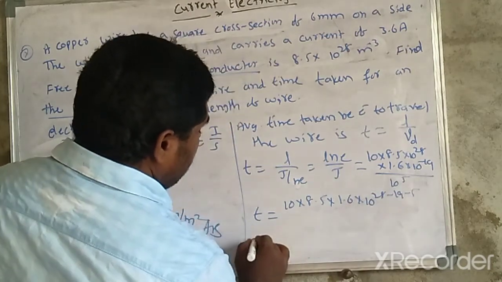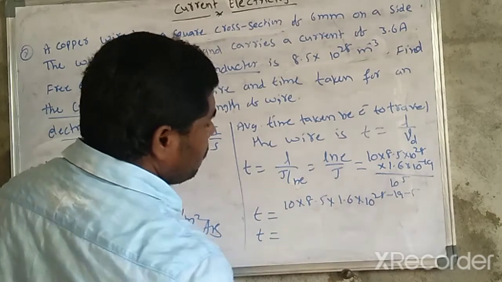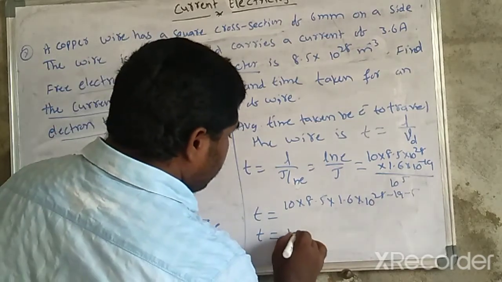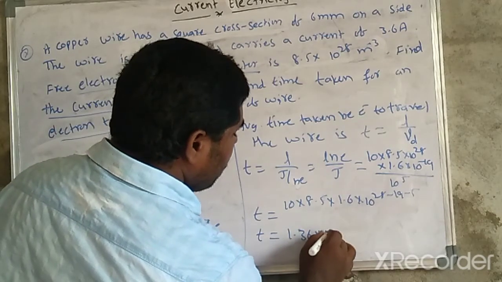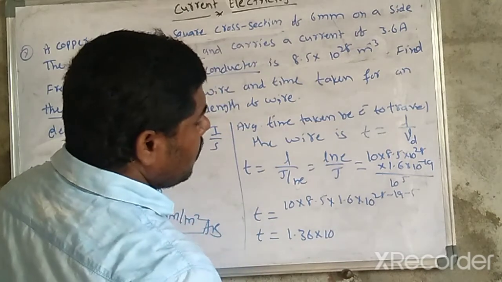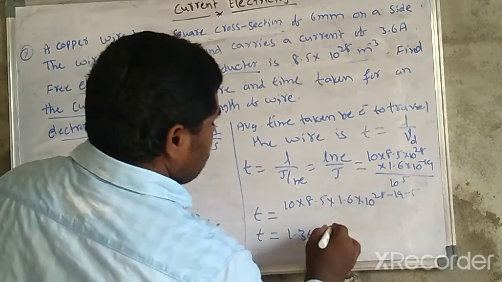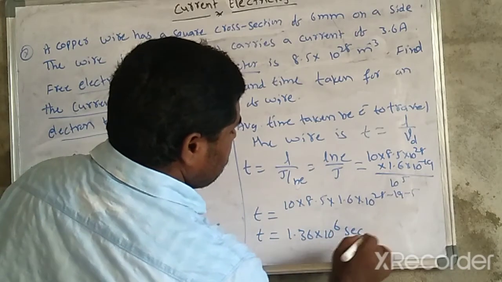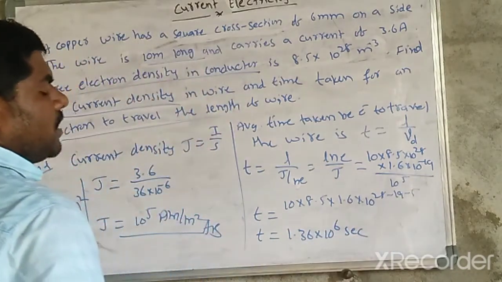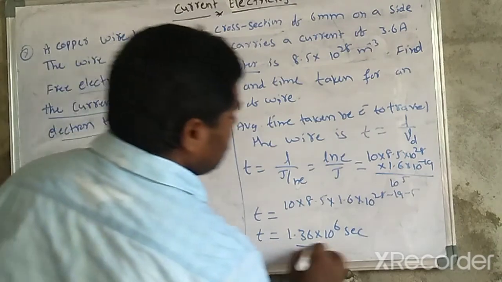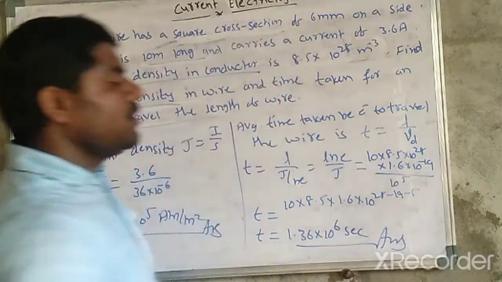So approximately this value is equal to 1.36 into 10 to the power of 6 seconds. This is the answer to the question.